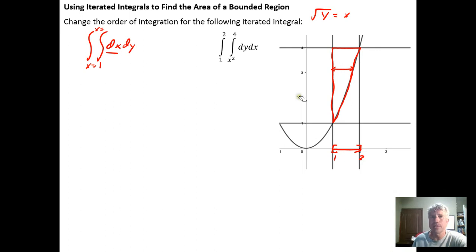I need the positive square root, so I'm going to run from x equals 1 up to x equals the square root of y. And then you have to say, well, when I do that, what do the y values have to run from? They're going to need to run from y equals 1 all the way up to y equals 4 to capture this entire region right here. So the dy's are going to run from 1 to 4.